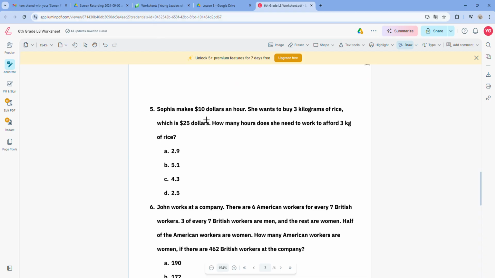Sophia makes $10 an hour. She wants to buy 3 kilograms of rice, which is $25. How many hours does she need to work to afford 3 kilograms of rice? So we know that in 1 hour she makes $10. And that should be equal to, since we're setting up a proportion, the amount of hours she needs, which we can just use something like X, or H. I'm using H because H for hours, and 25.